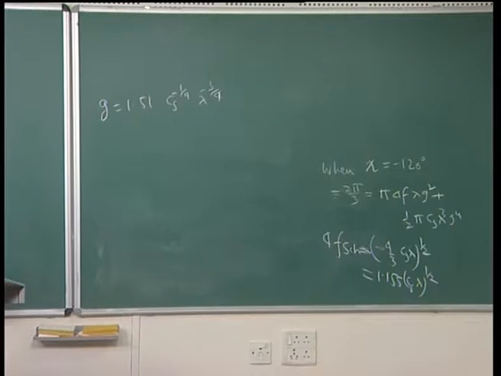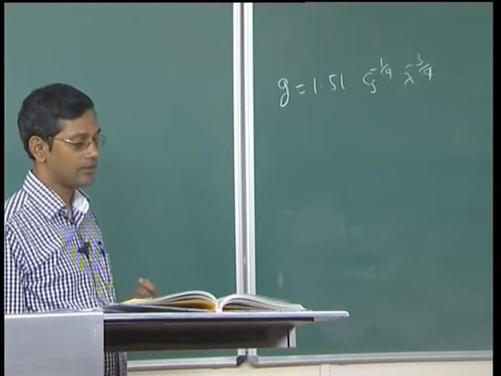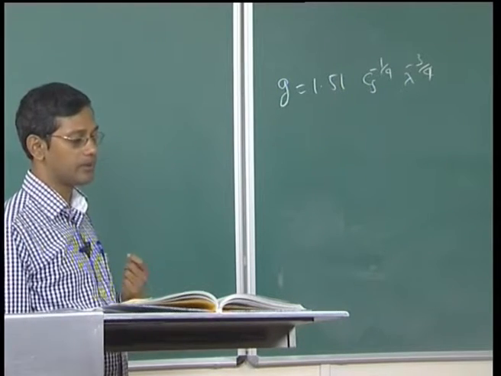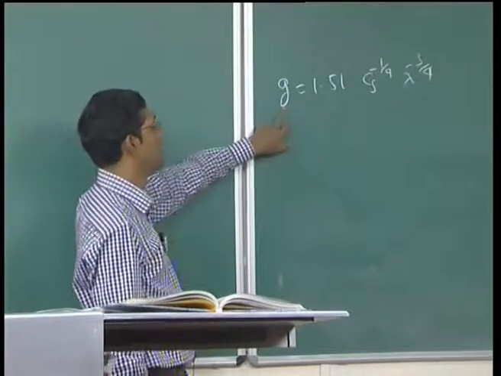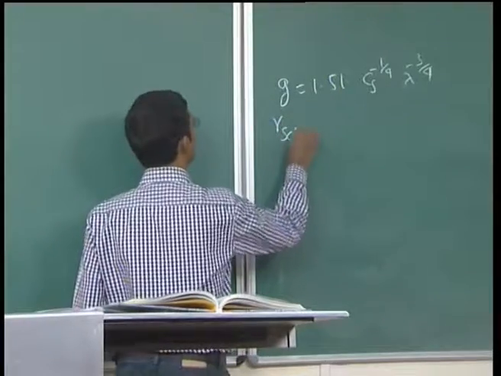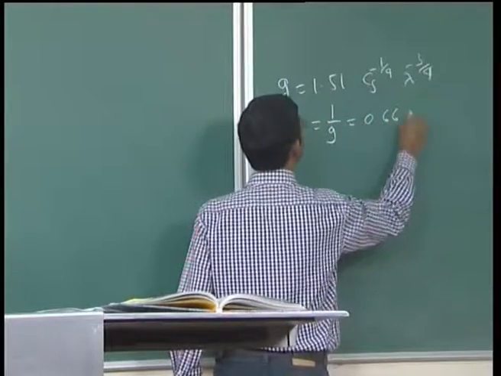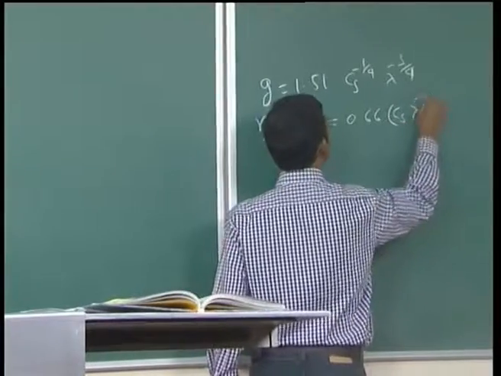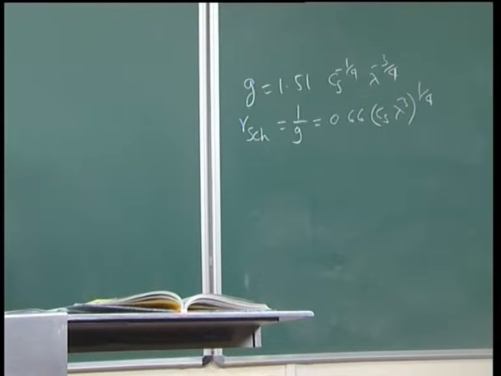This crossover is very important in the sense that the Scherzer defocus corresponding to this value of g gives us the resolution limit of the microscope, and the resolution limit can be obtained by taking the inverse of this, which is equal to 0.66 Cs lambda cube to the power 1 by 4. So this gives us the optimum or actual resolution limit for any thermal electron microscope.